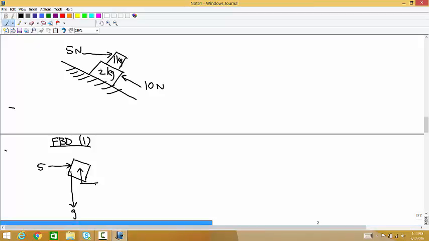So we'll draw the directions of the two components, and we'll write force on 1 by 2. And then go to the free body diagram of the 2 kilogram box.